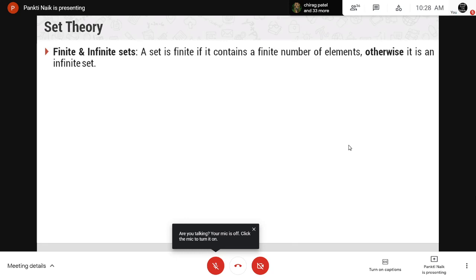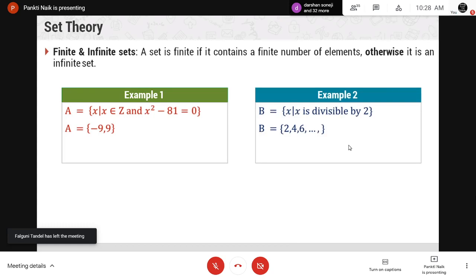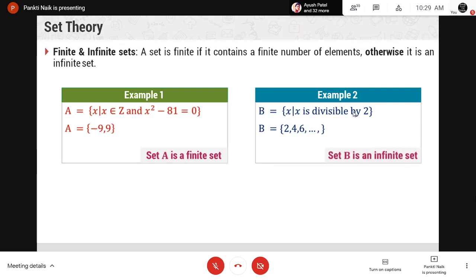This first example is a finite set because A contains a finite number of elements, and this example is an infinite set because B contains an infinite number of elements. Set A is a finite set and set B is an infinite set.